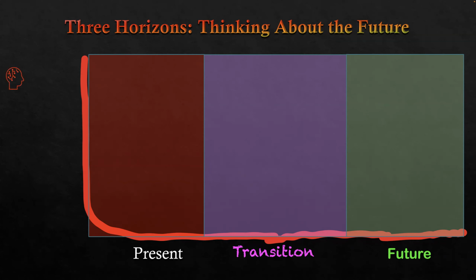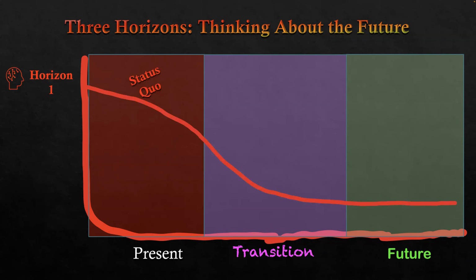In terms of the first horizon, what he really says is that the first horizon is the status quo. It's current reality. It's what's taking place, how we're presently operating.